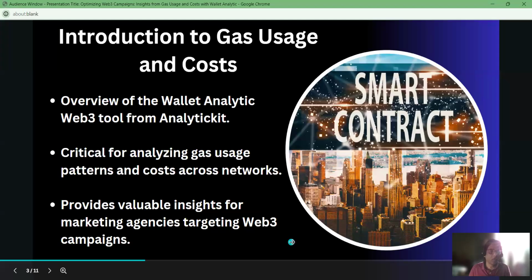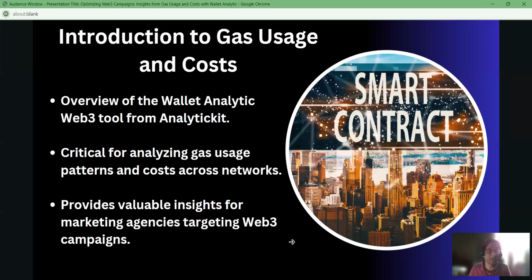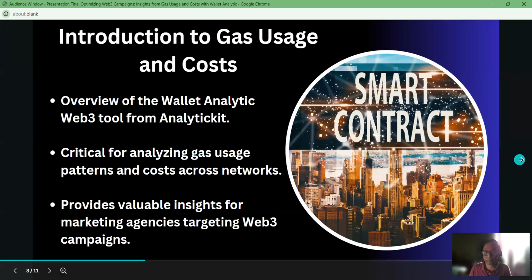Once you collect that information for each wallet address, you can analyze what exactly is going on, what each wallet address is doing on the Ethereum blockchain, on which day they are performing more transactions, on which day they are performing fewer transactions. All that information you can collect and then view visually to target your marketing campaign.